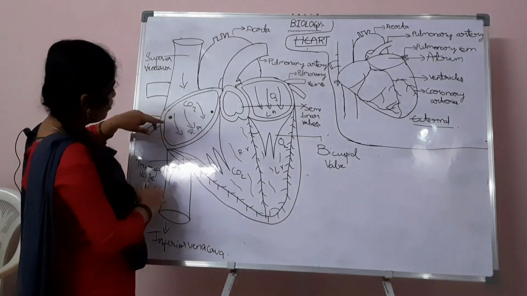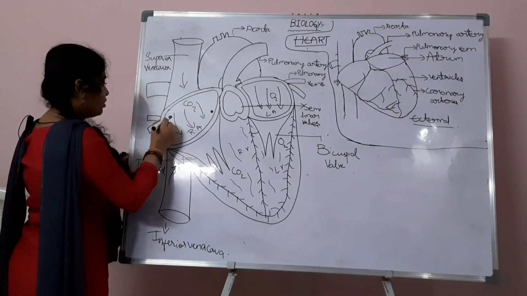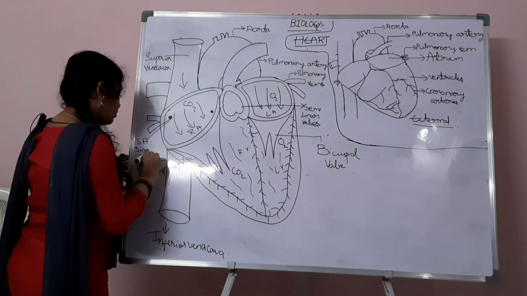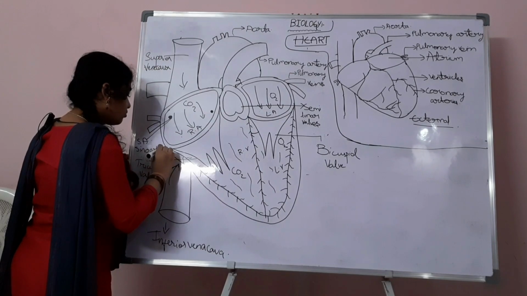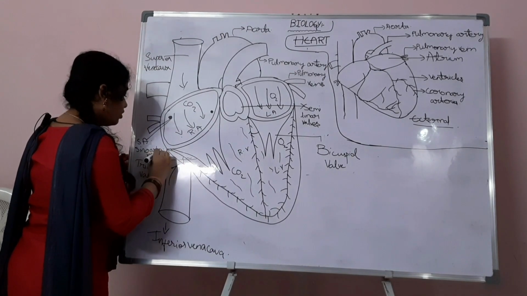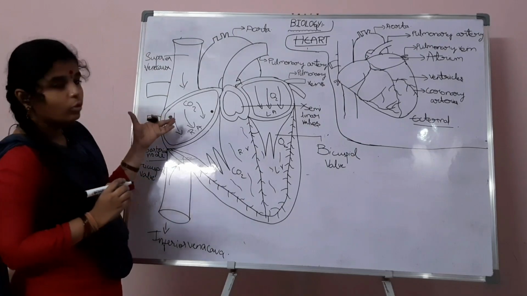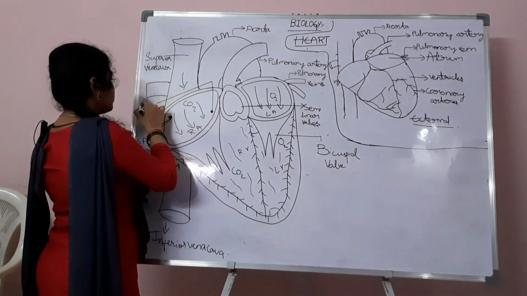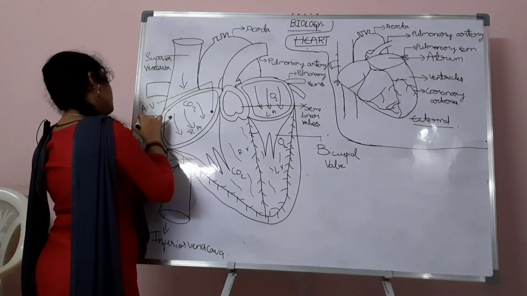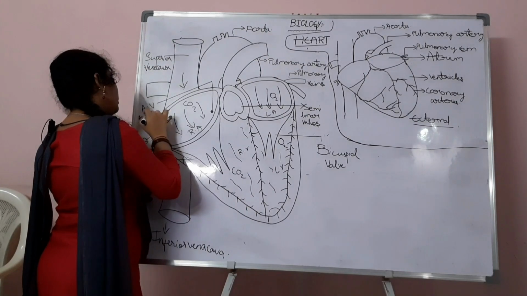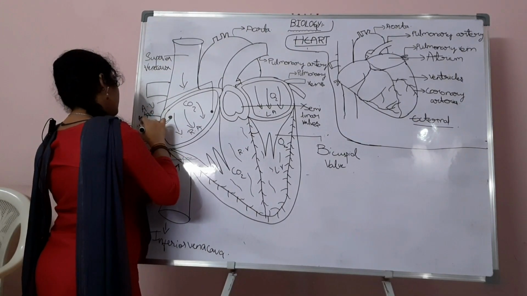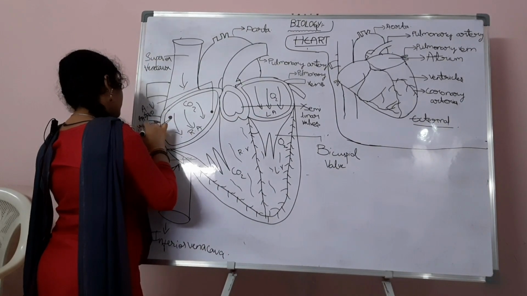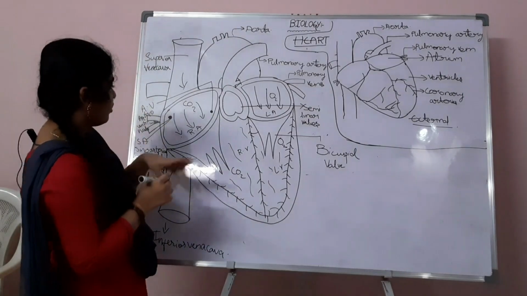Here is the SA node. SA node means sinoatrial node. The sinoatrial node stimulates the impulse, and here is the AV node, which means atrioventricular node.